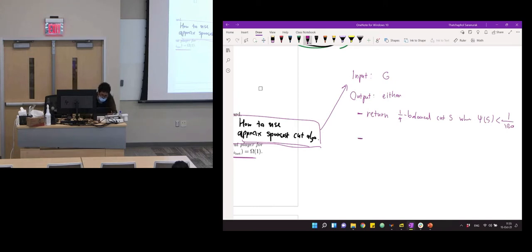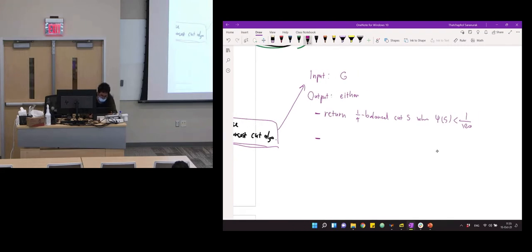However, if we cannot find this kind of cut, then we just need to return some cut, maybe call it AB, such that B is an expander.